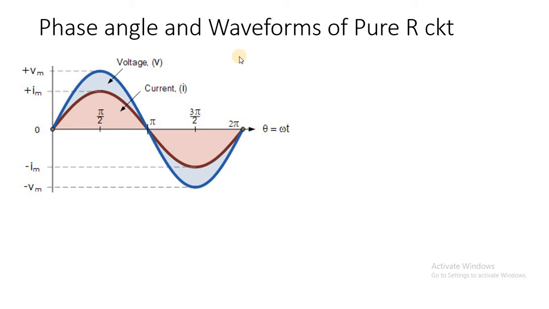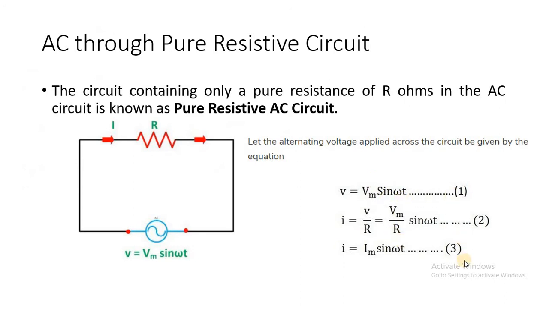Then with respect to these equations, we are now going to see the waveforms. Here equation 1 is the voltage equation and equation 3 is the current equation. Both equations have the term sin omega t. They do not have any phase angle phi.